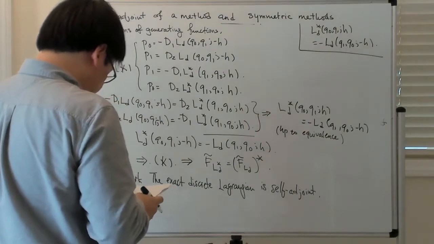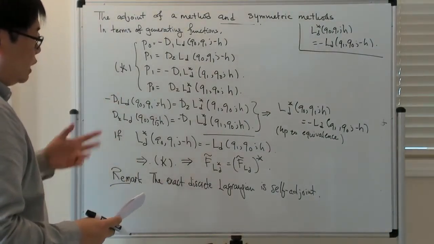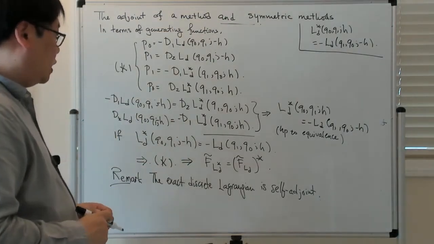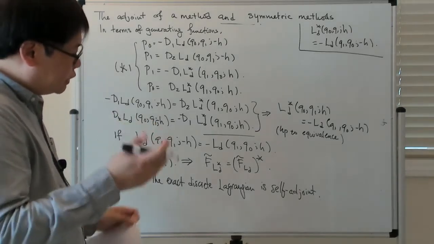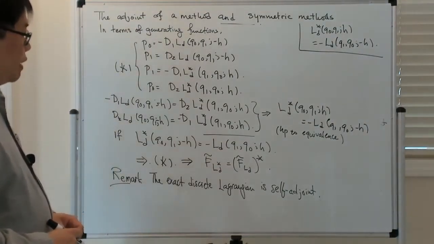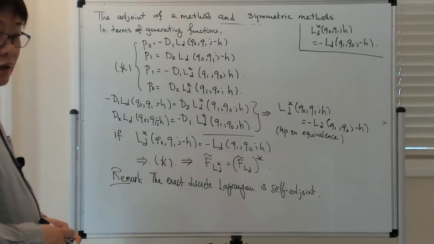Okay, and then the other observation is that we already showed, for example, that if you have a self-adjoint, or correspondingly a symmetric method, right? So self-adjoint is synonymous with symmetric. So if you have a self-adjoint method, then the order of accuracy of that method is even order.